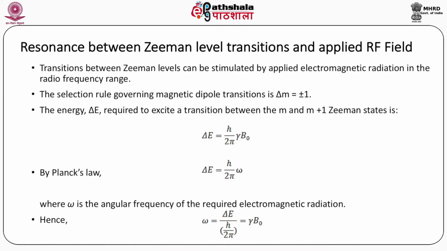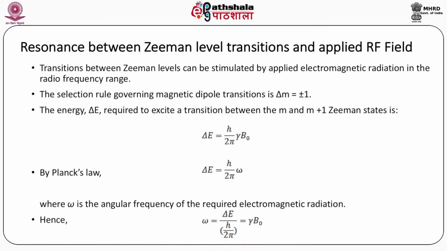Resonance between Zeeman level transitions and applied RF field. The transitions between Zeeman levels can be stimulated by applied electromagnetic radiation in the radio frequency range, and that is why it is called an applied RF field. The selection rule governing magnetic dipole transitions is delta m is equal to plus minus 1.